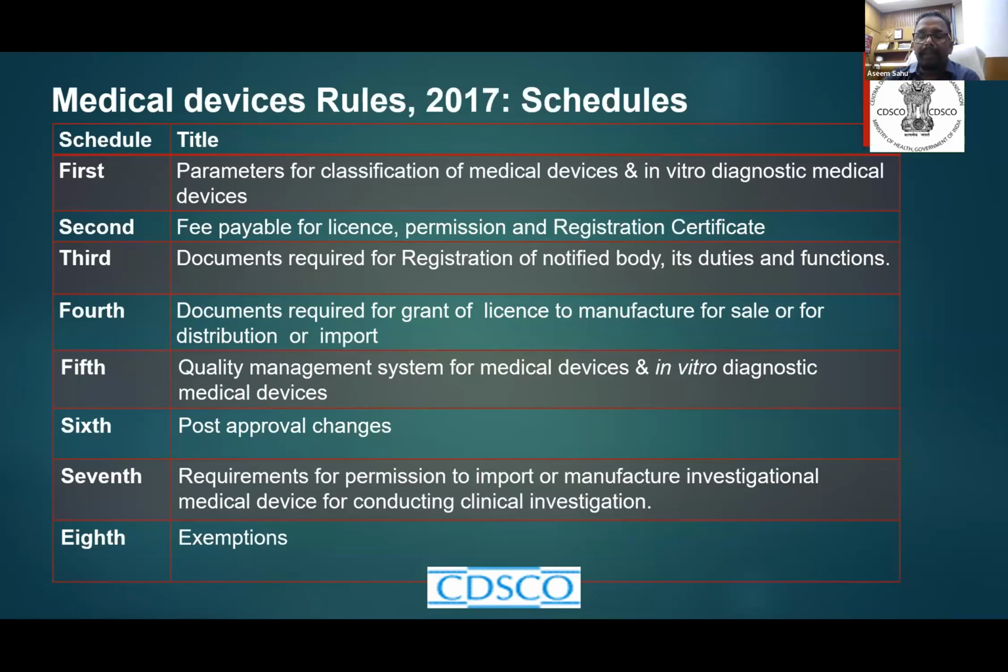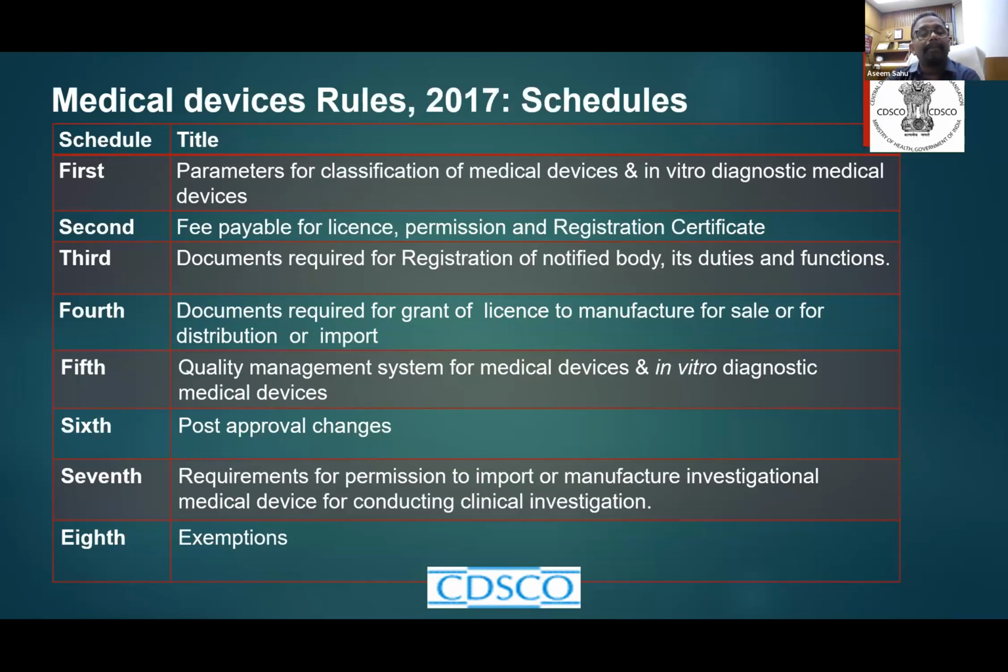And in the eighth schedule, we have given certain exemptions for certain categories of devices, like custom made. There are certain exemptions from licensing and manufacturing, and we have given exemption from the requirement of a sale license for certain products.